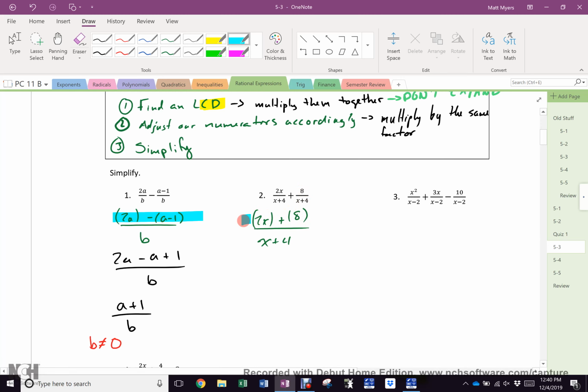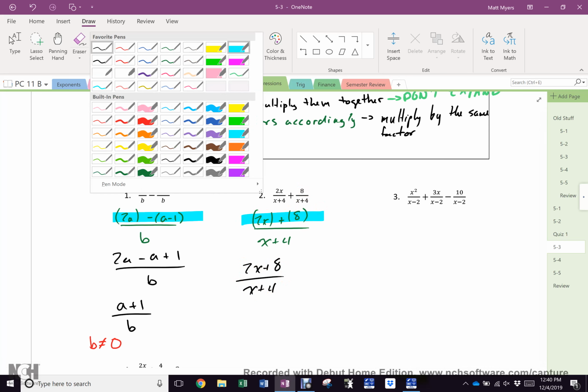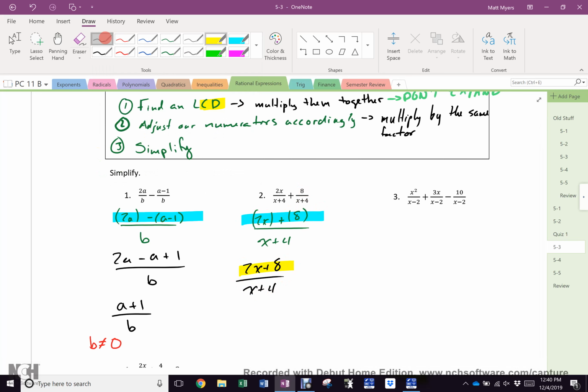What can I do there? Now what can I do? Factor out a 2. Now what? Cancel it out. Answer is 2. What's my NPV? x can't equal -4. Everybody see?